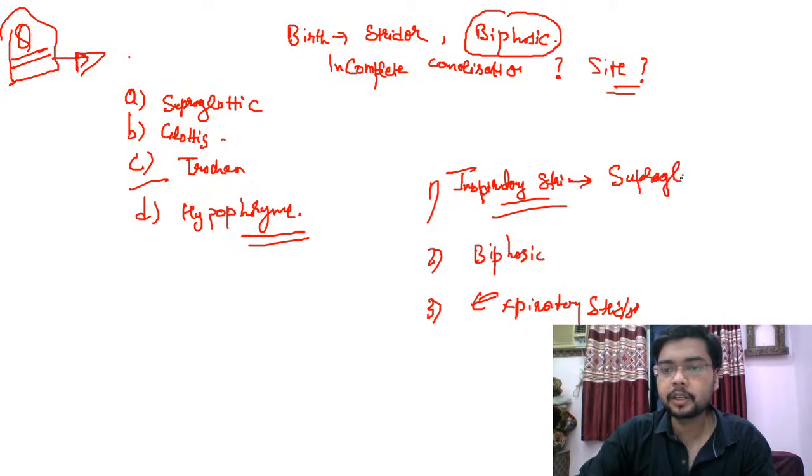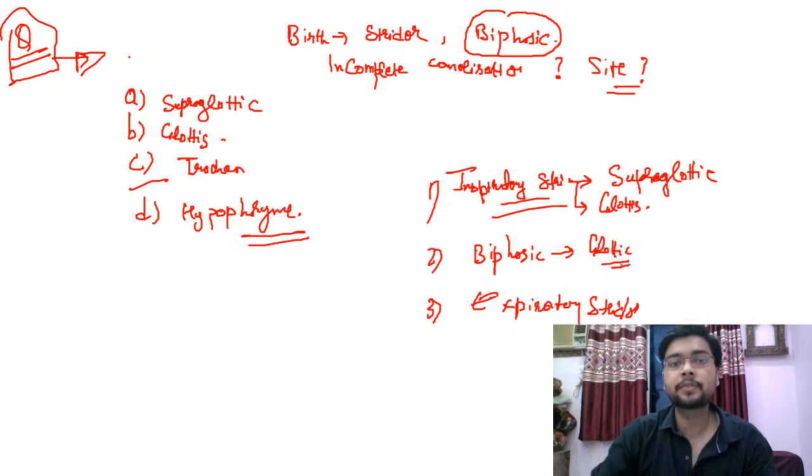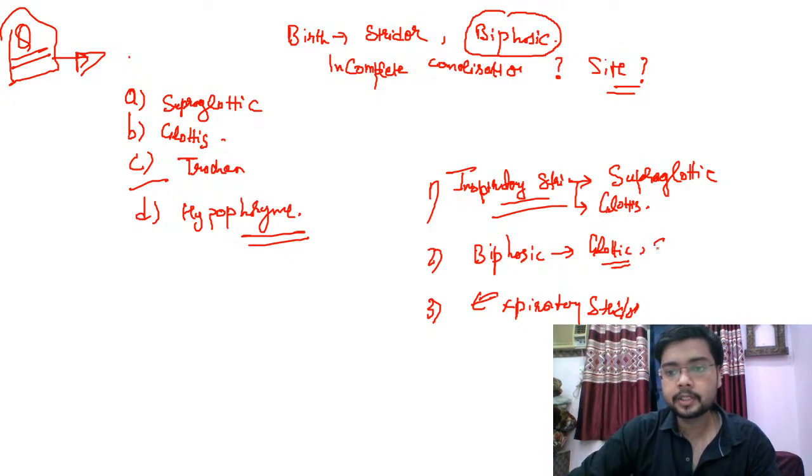So if a supraglottic obstruction is there, you will see inspiratory stridor. Another thing is in glottis also. Why glottis? Because glottis shows a biphasic type of stridor, because at the level of the vocal cord it will produce stridor in both inspiration and expiration. Your subglottis also shows biphasic stridor.